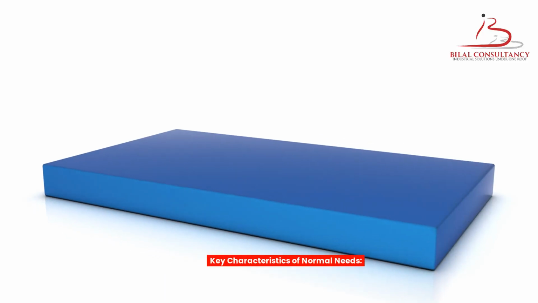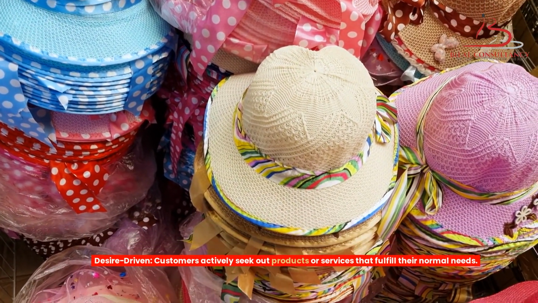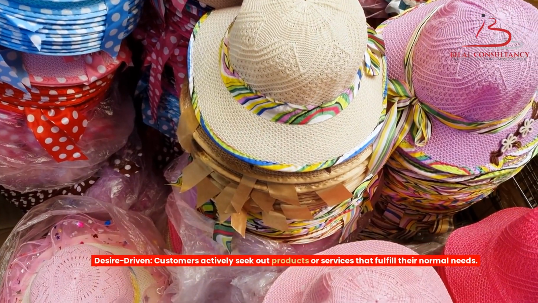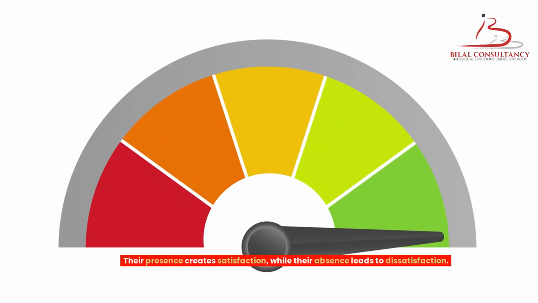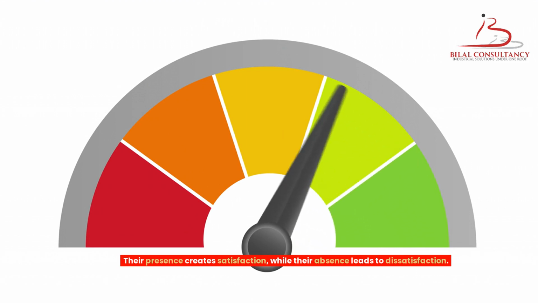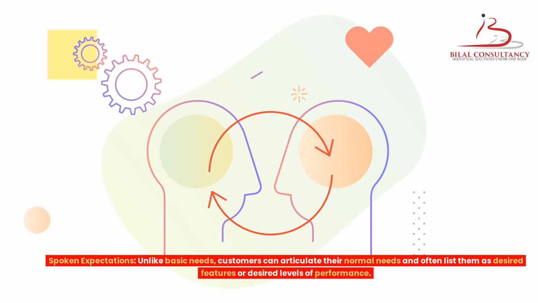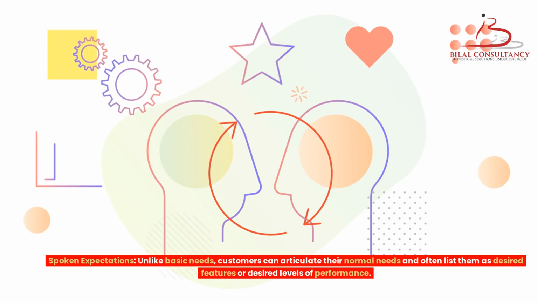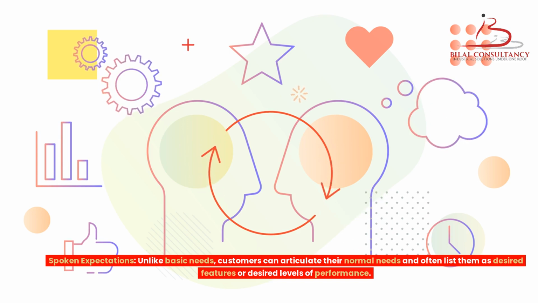Key characteristics of normal needs. Desire-driven. Customers actively seek out products or services that fulfill their normal needs. Their presence creates satisfaction, while their absence leads to dissatisfaction. Spoken expectations. Unlike basic needs, customers can articulate their normal needs and often list them as desired features or desired levels of performance.